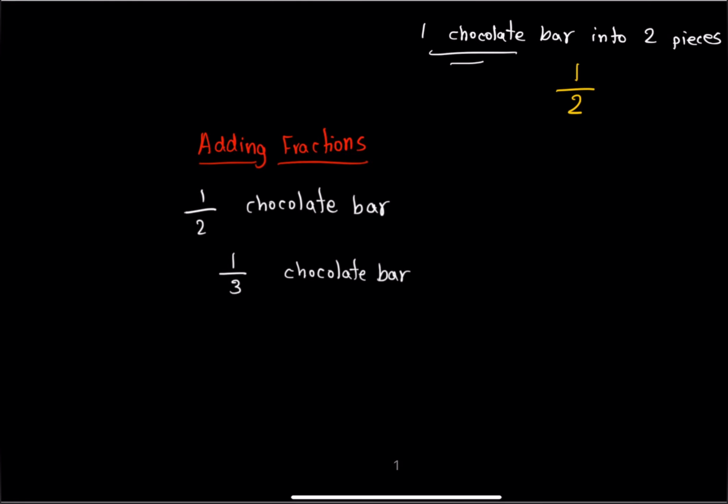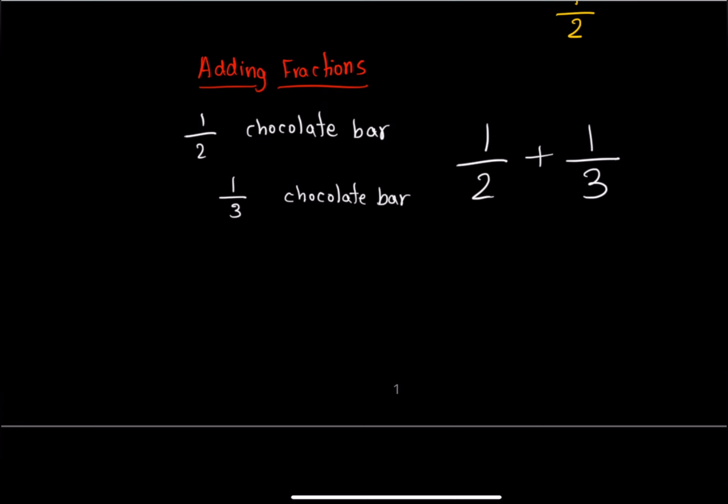So over here, you'd be adding 1/2 plus 1/3. So how would we do that? Well, we're going to be focusing on the bottom part, which is our denominator.